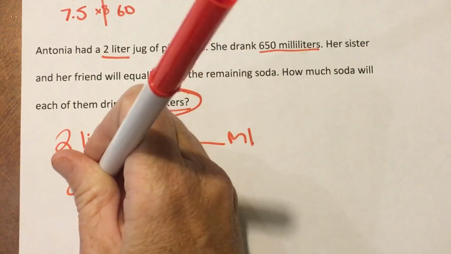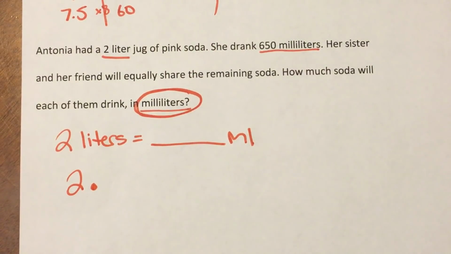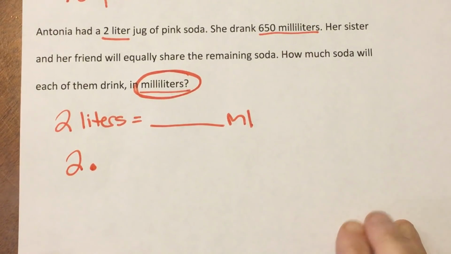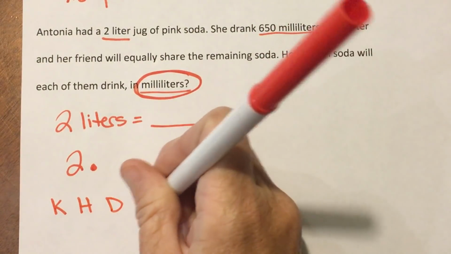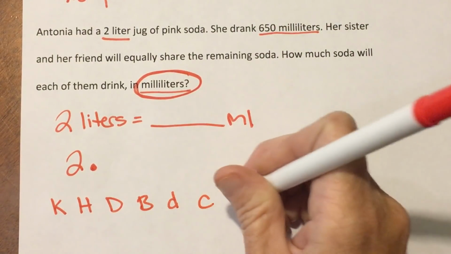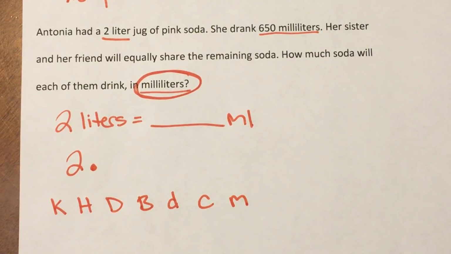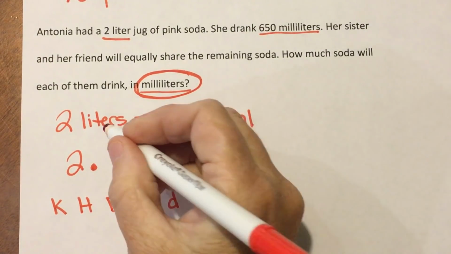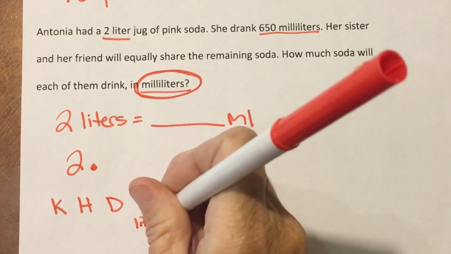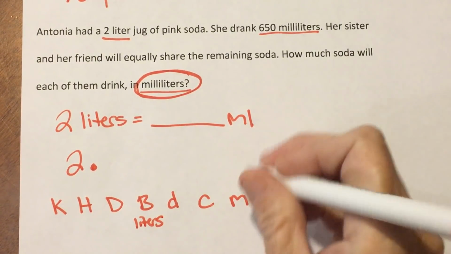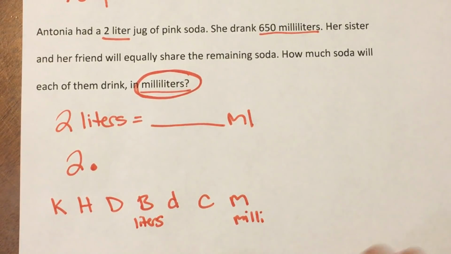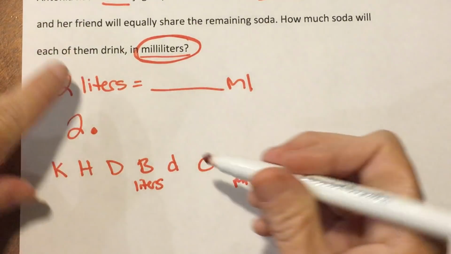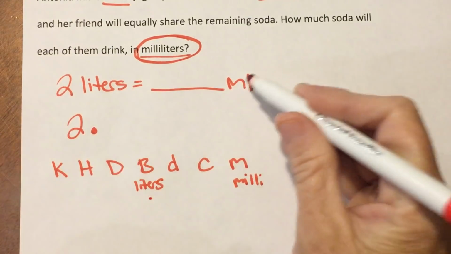Okay, so I'm going to rewrite my number with a decimal. And when I use metric system, I use King Henry died by drinking chocolate milk. Okay, and then I'm using liters, which is a base measurement, to milliliters. Okay, and I am, for this problem, going to go from liters to milliliters.